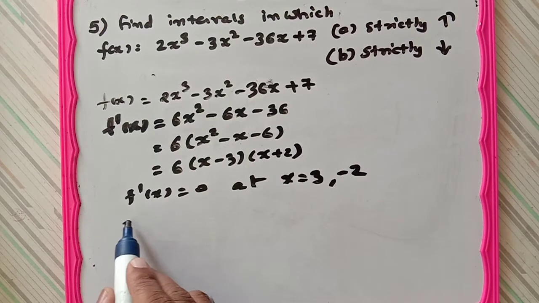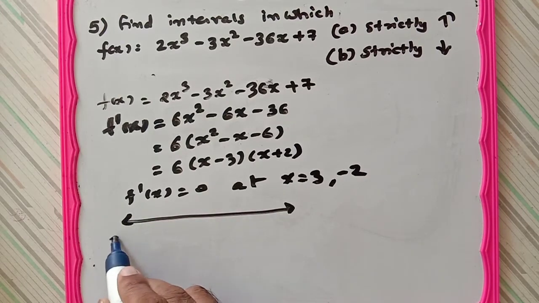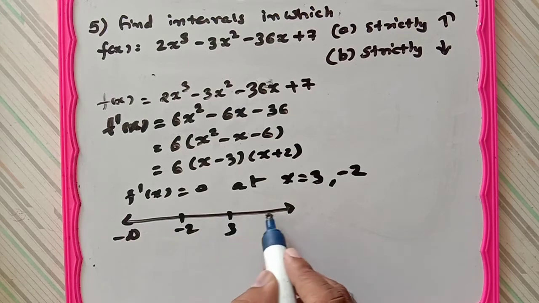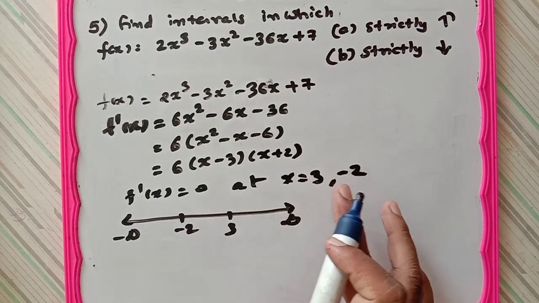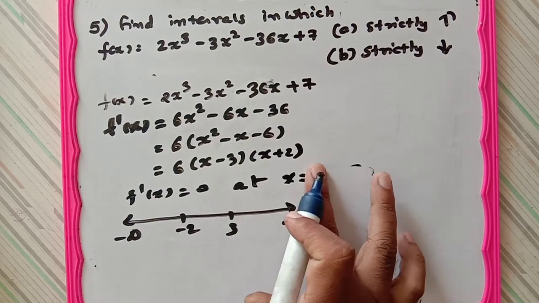And so we will have intervals -∞, -2, 3 and ∞. So we have 3 intervals, 3 parts.